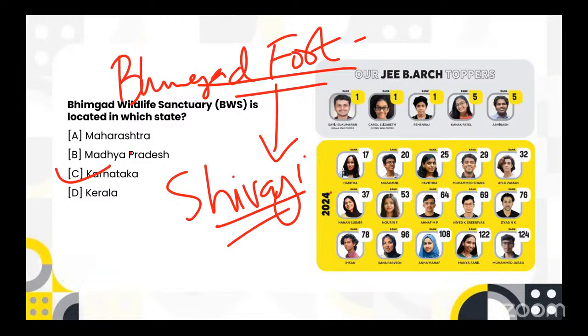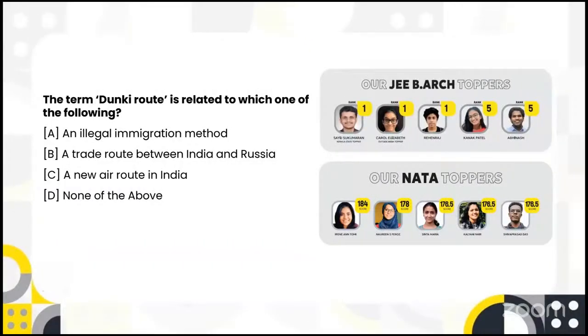All right, moving on to the next one. The term donkey route is related to which one of the following? An illegal immigration method, a trade route between India and Russia, a new air route in India, none of them. Recently, in a very controversial matter, a US military aircraft carrying 104 deported Indian nationals landed at Amritsar airport.